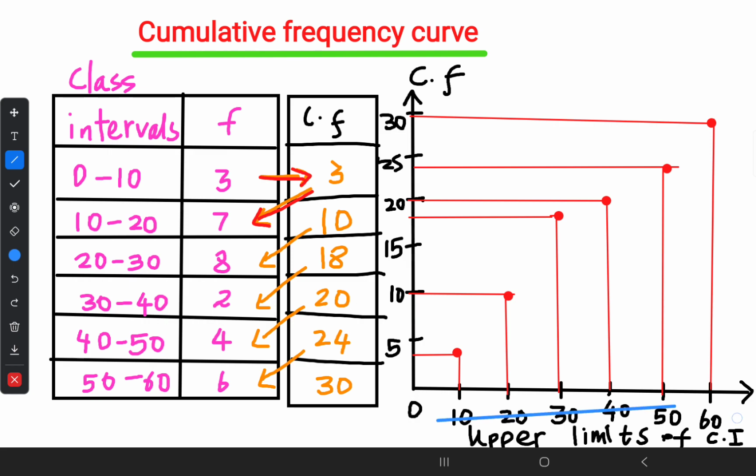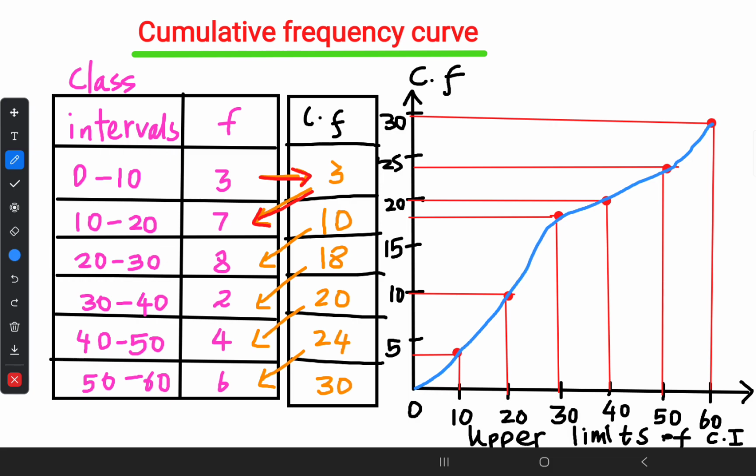So upper class limits were shown here. Thereafter, we used cumulative frequencies on the vertical axis. Then what you have to do is plot the exact points. Thereafter, starting from 0, you should draw the curve. Okay, this would be the curve.